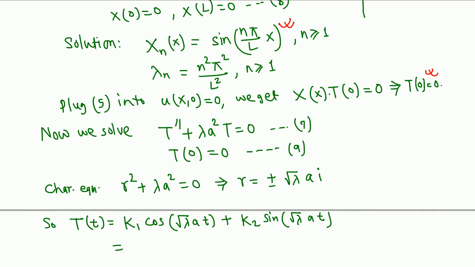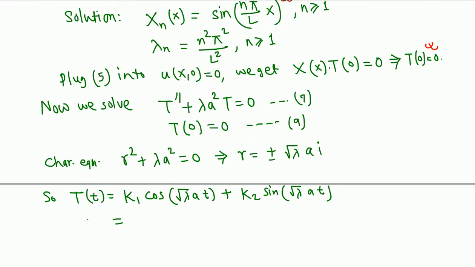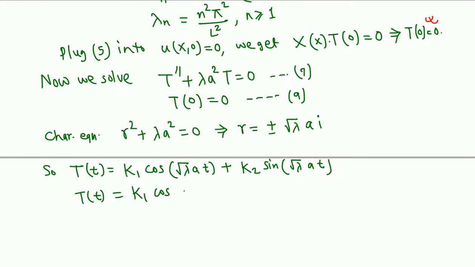So we put these lambdas in, and we have the square root of lambda, which is n pi over L. So T as a function of t is k1 cosine of n pi a over L t plus k2 sine of n pi a over L t.